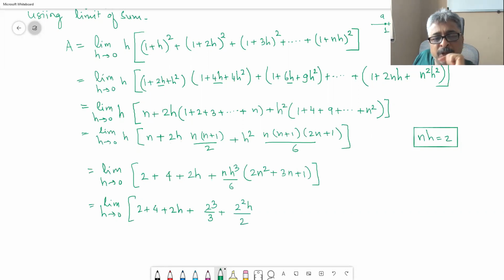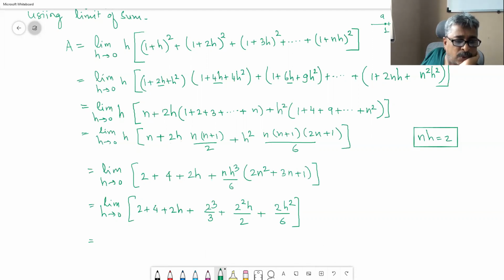This will not be useful because h is tending to 0. Anyway, we need not calculate more. nh is 2, so 2h square upon 6. So now everything is in h, correct? And h tends to 0.